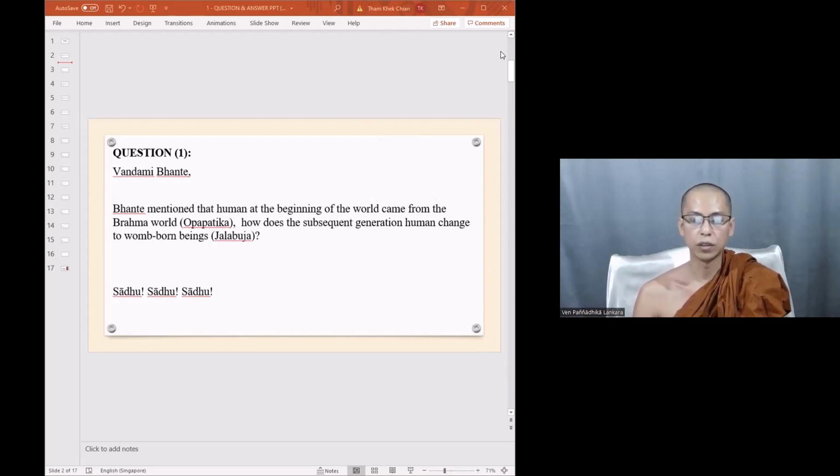After that, due to the sensual craving, the sexual phenomena arise in their material process, and their process of generation changes. They become the Jalapuja, womb-born beings.